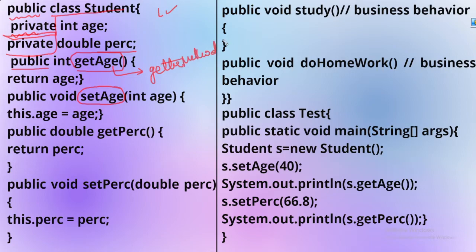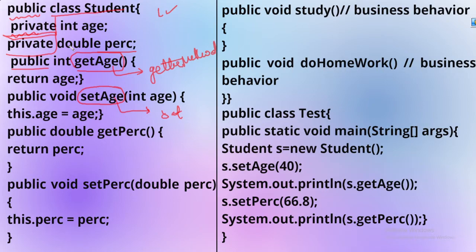If you use set and then the name, it is called a setter method, which is used to set the data for that particular data member. Now, public double getPercentage and public setPercentage. So we have it for age and for percentage because we have two data members here and two methods for both. Public void study, this is a behavior, and doHomework is also a behavior.